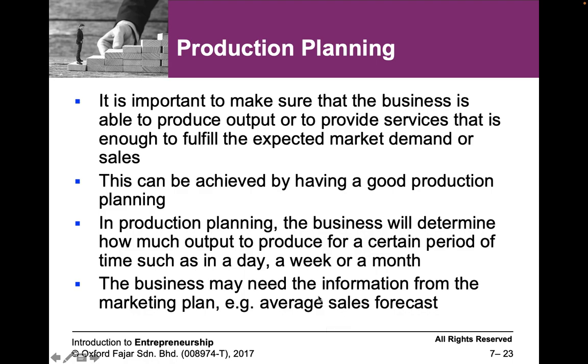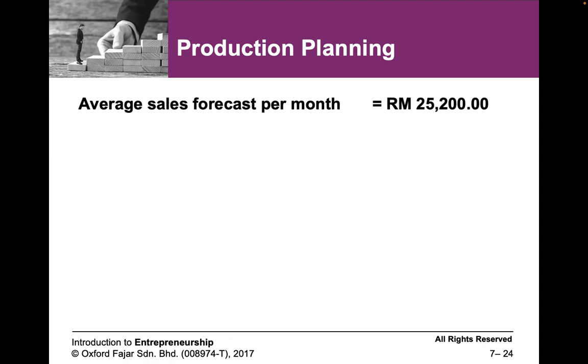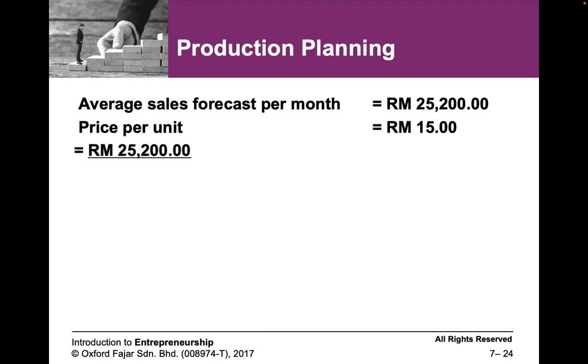So in order to make this happen, the operation plan must use the figure calculated by the marketing plan, especially the average sales forecast, to calculate the production planning. These are examples on how to calculate the production planning.